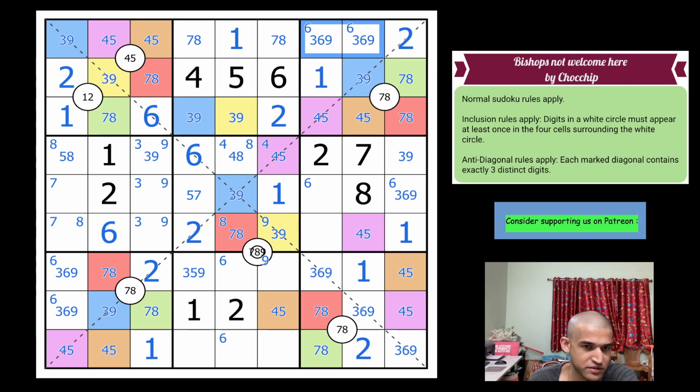If I have a 6 here, that would be really helpful, because then 9 gets forced here and this becomes 7, 8. That would be really nice. We get a lot of digits instantly.